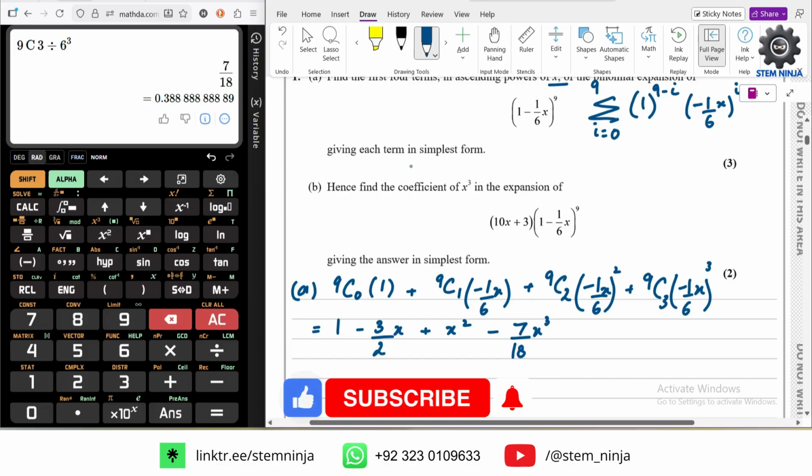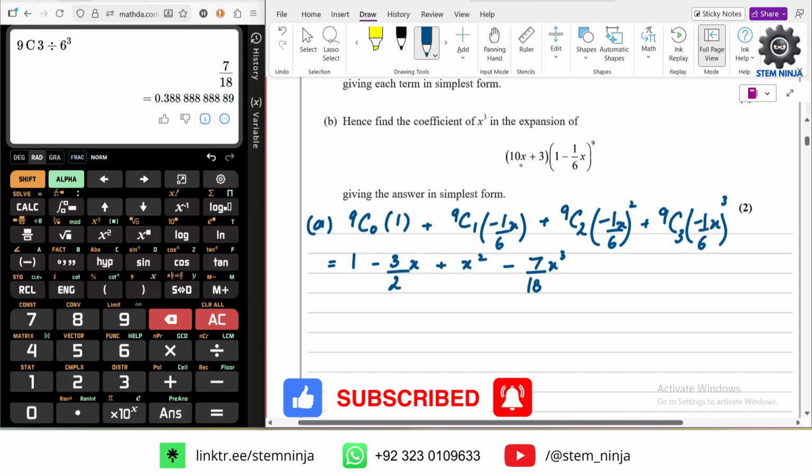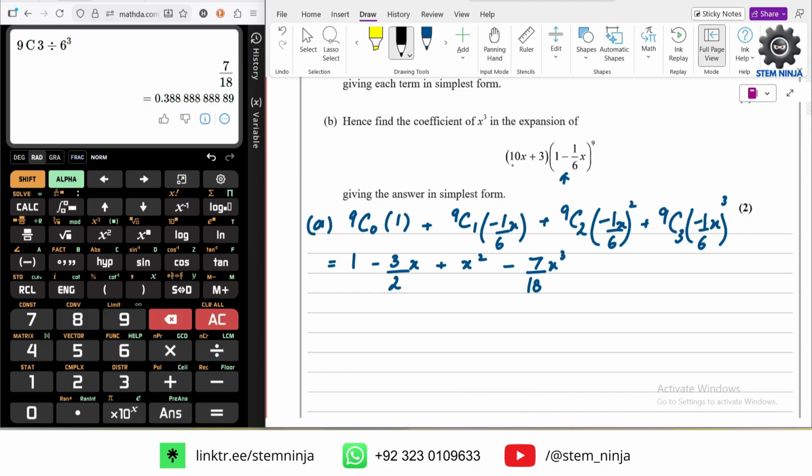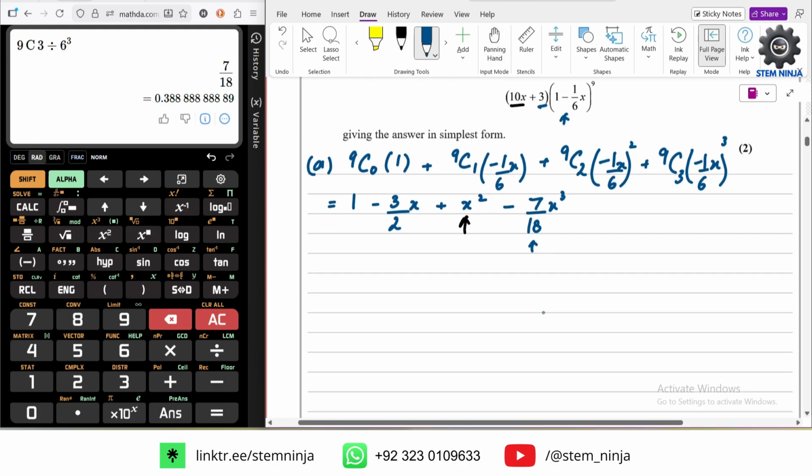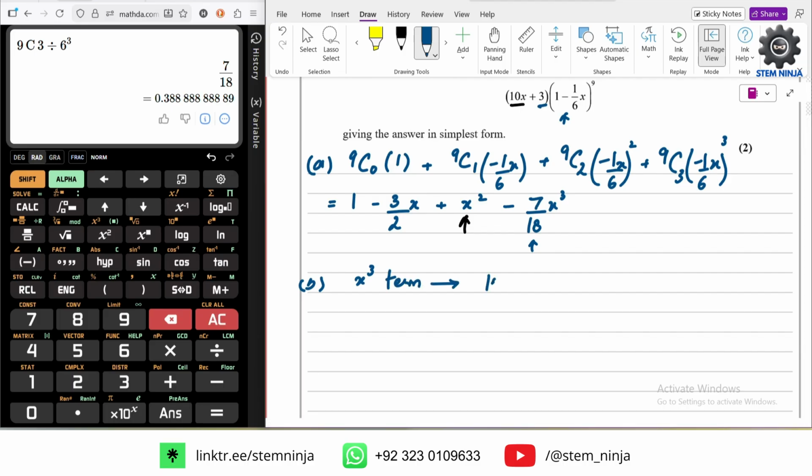Hence find the coefficient of x cubed in the expansion of (10x plus 3) times by this. Okay. So remember, x cubed terms will come when 10x multiplies with the x squared term, and when the 3 multiplies with this particular term. So first you can find out the x cubed term. So 10x times by x squared plus 3 times by minus 7 over 18 x cubed.